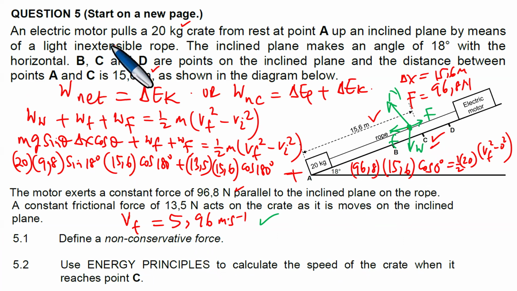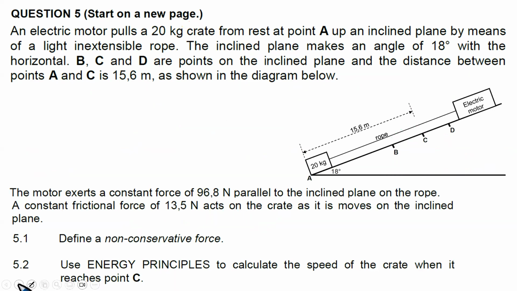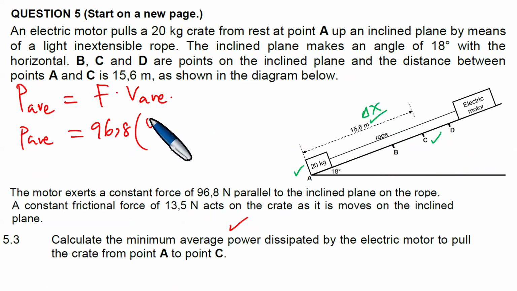Now remember that this electric motor pulls the crate from rest at point A. So it moved from rest to 5,96, and the average velocity is that divided by 2.